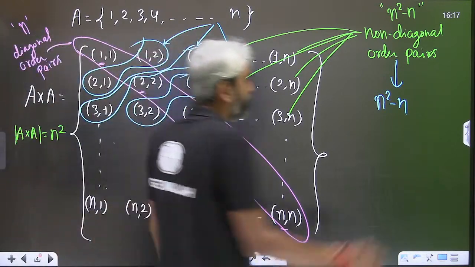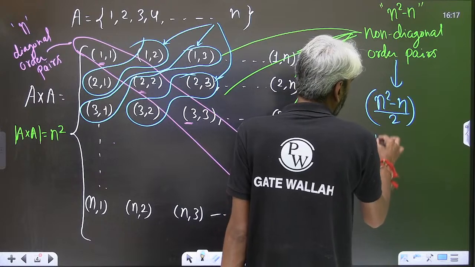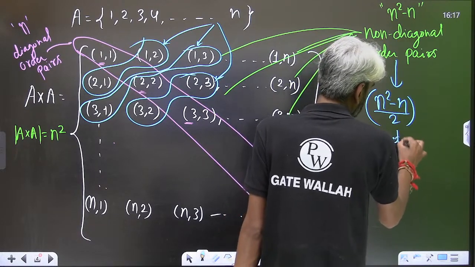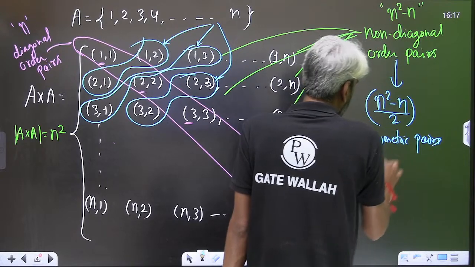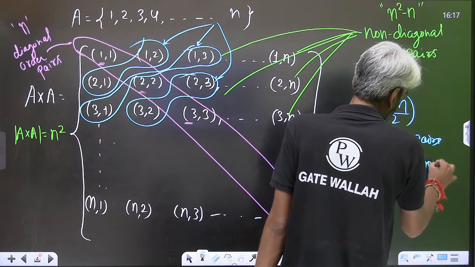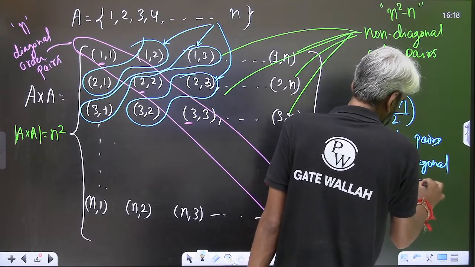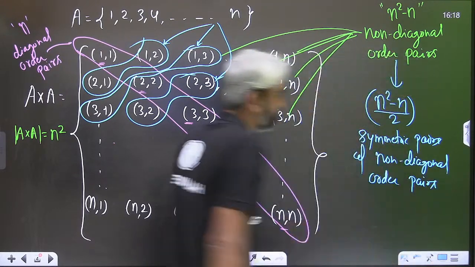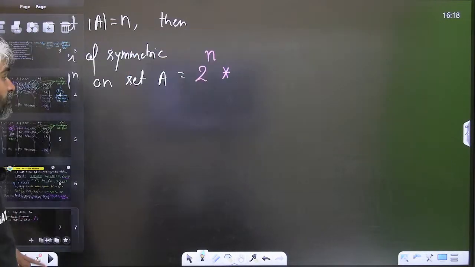So there will be (n squared minus n)/2 symmetric pairs of non-diagonal ordered pairs. Clear?